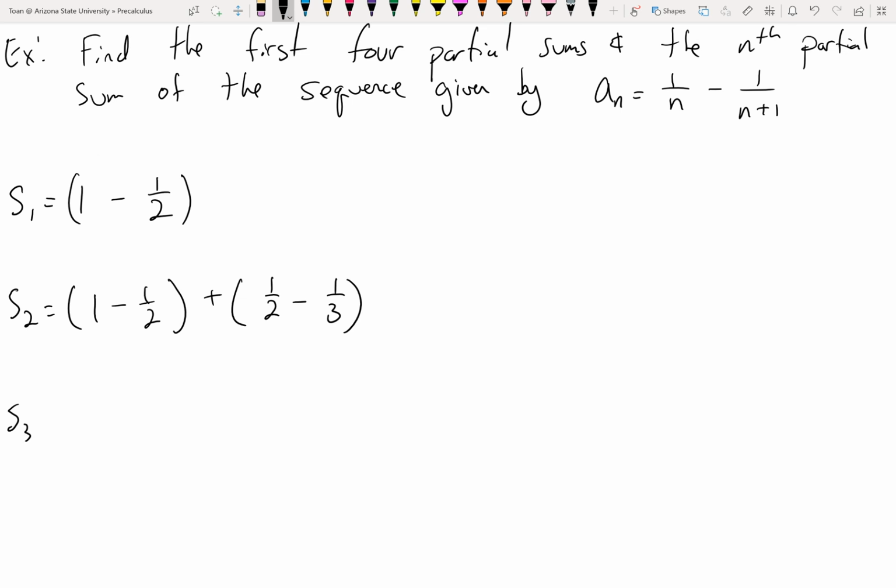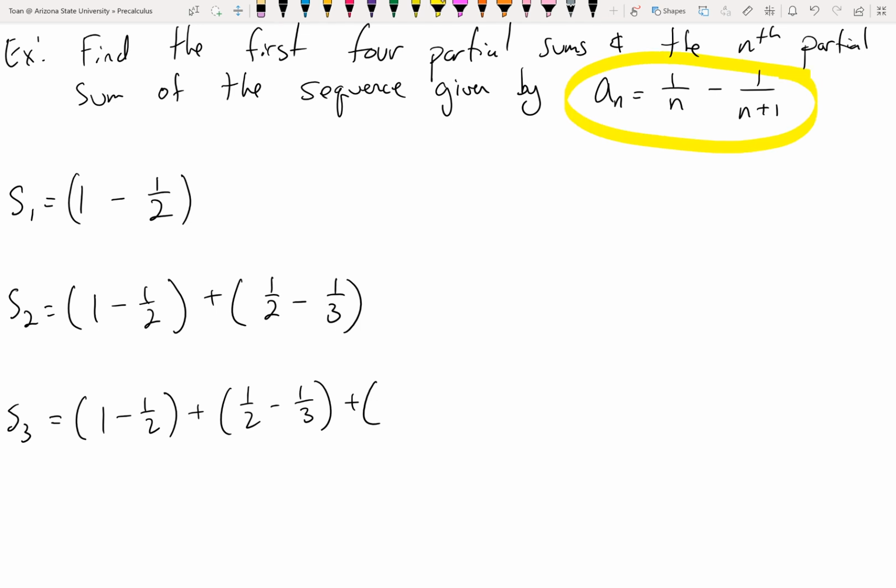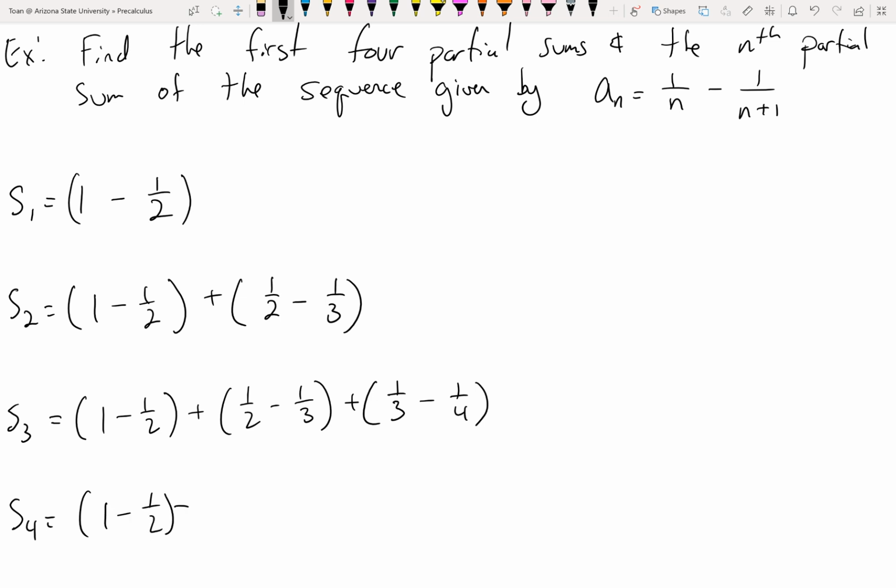The third partial sum is adding the first three terms, but we've already found the first two, right, from the previous line. So we just go ahead and add the third term, which again, taking the formula and plugging in n equals 3. So that's 1/3 minus 1/4. And then the fourth partial sum, adding the first four terms.